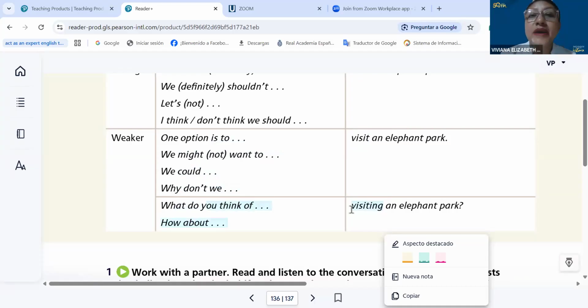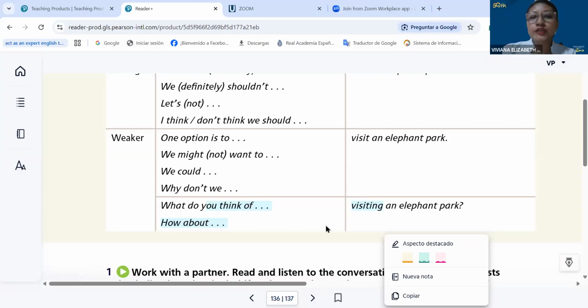And here, please remember, we studied gerunds. We learned that after prepositions, you need a gerund. That is another example. What do you think of? So here you have the preposition of. Here you have how about, preposition about. So after prepositions, you need the verb in gerund.